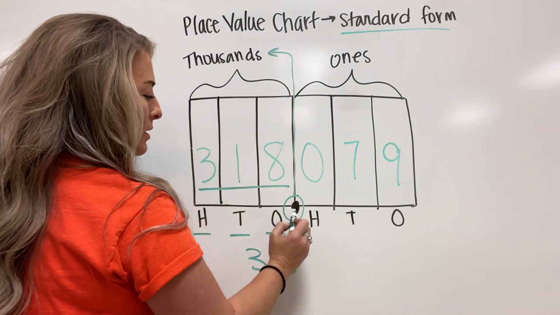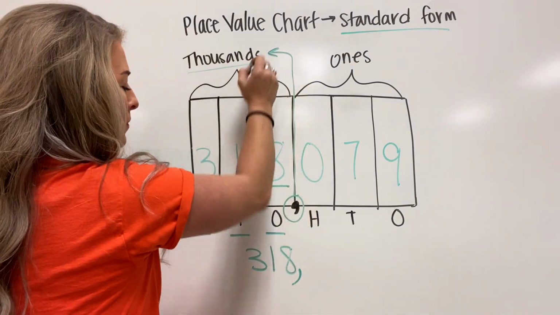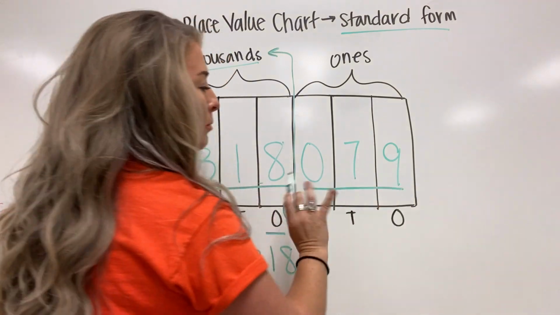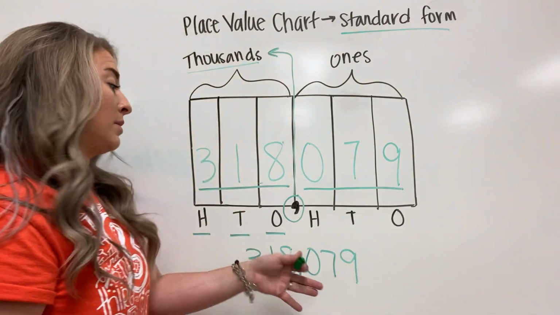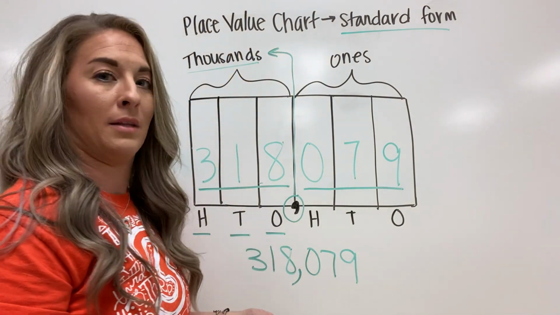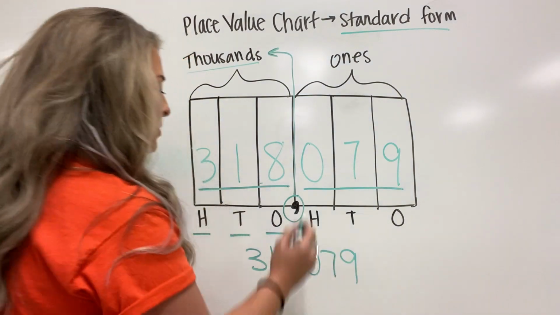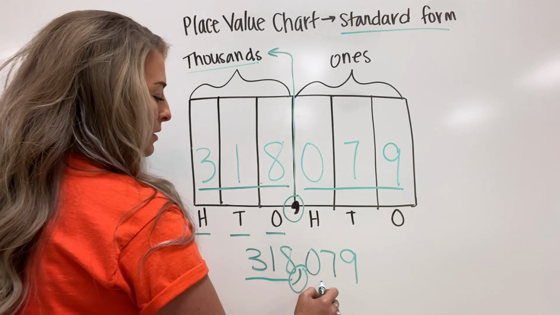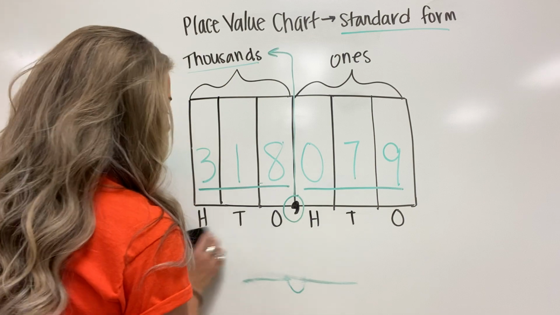So 318,000. And then I read this completely normal. 79. I don't have to say 079 because it's implied that I don't have any hundreds when I just don't say the hundreds place. So this number reads 318,079.